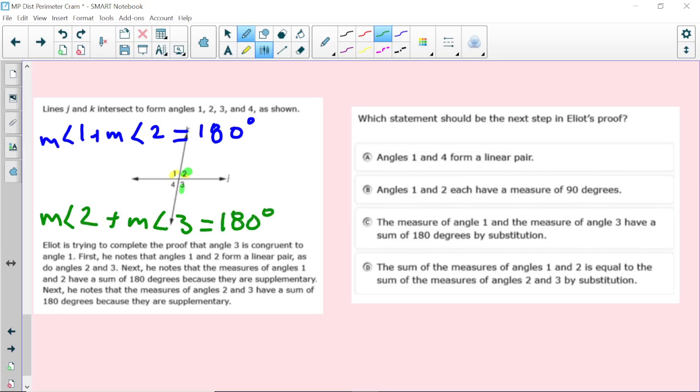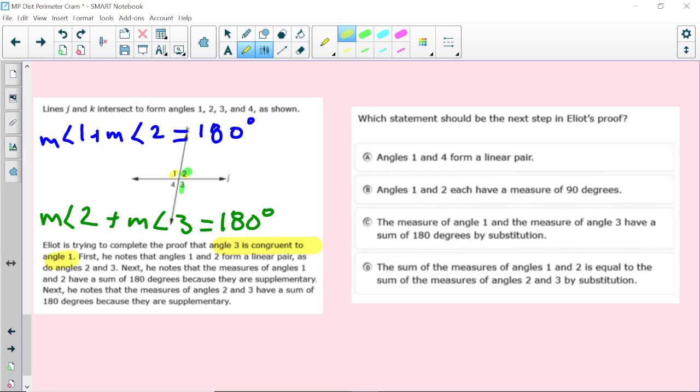So we're going to figure out which statement should be next in Elliot's proof. Again, when we're thinking about proofs, although this is not a two-column proof, we need to think: does it make sense? Does it help us reach the end goal? Does it flow together? Elliot is trying to complete the proof that angle 3 is congruent to angle 1.